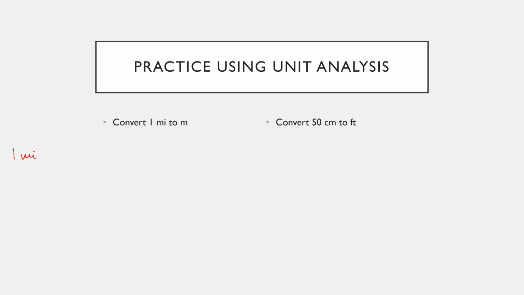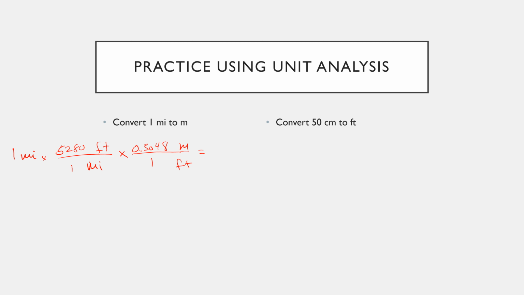So 1 mile is going to be equal to 5280 feet. And we're going to then go from feet to meters. And so 1 foot is equivalent to 0.3048 meters. So we can put that into our calculator.